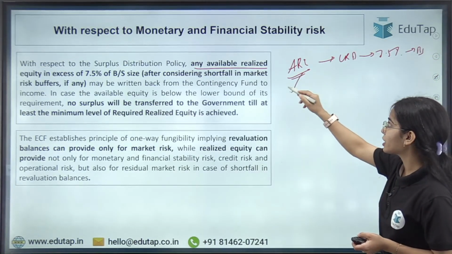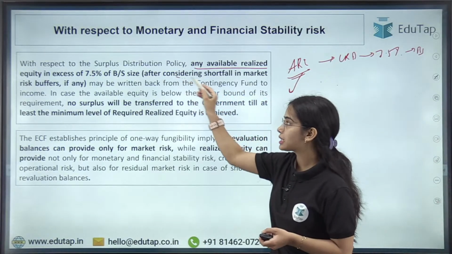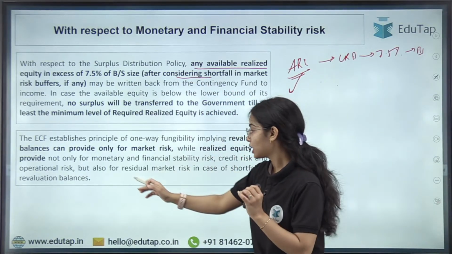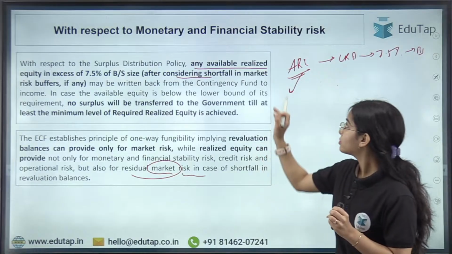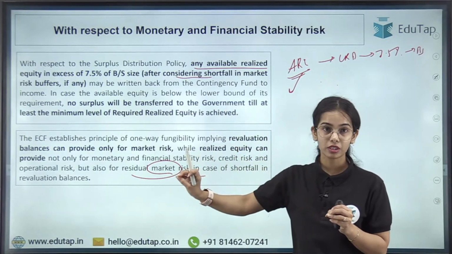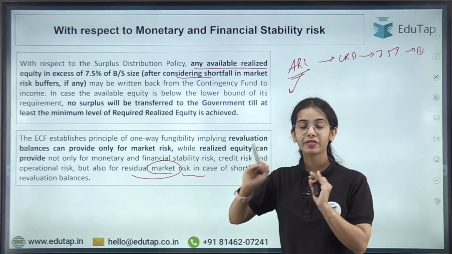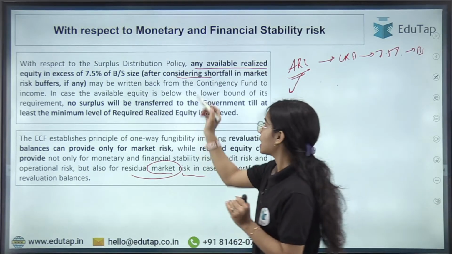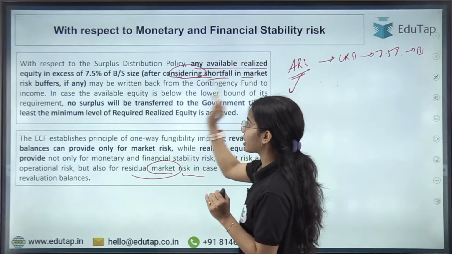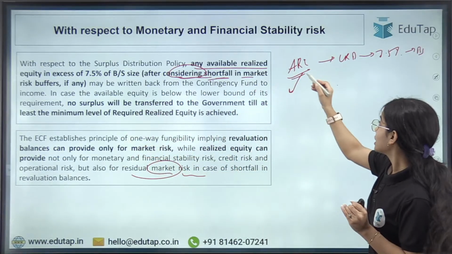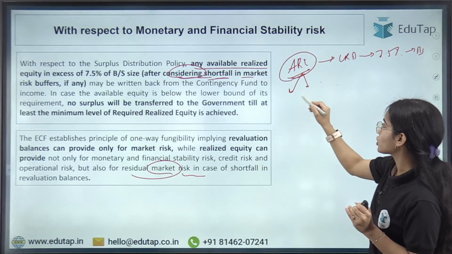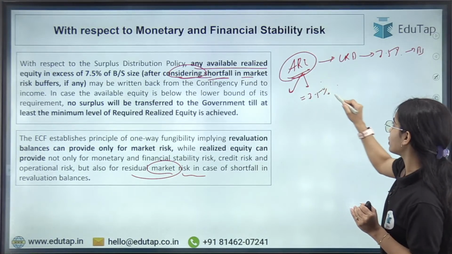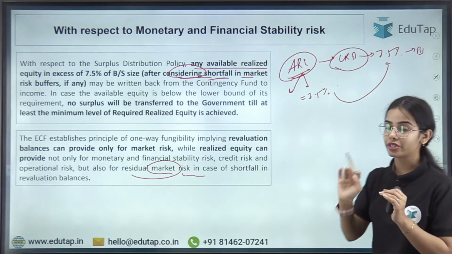That means the available realized equity, after providing for the shortfall in the market risk buffer, should also be 7.5% of the balance sheet to meet the contingent risk buffer.